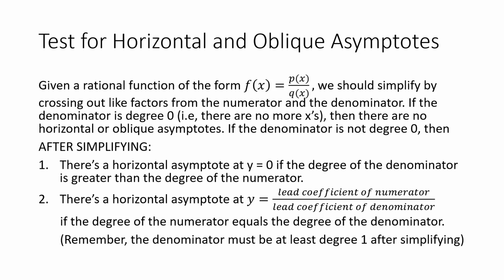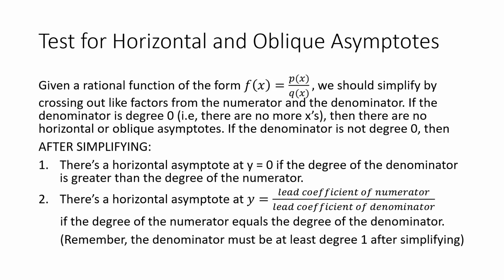But if the denominator is not degree 0, again, after simplifying, then there will be a horizontal asymptote at y equals 0 if the degree of the denominator is greater than the degree of the numerator. There will be a horizontal asymptote at y equals lead coefficient of numerator over lead coefficient of denominator if the degree of the numerator equals the degree of the denominator. And again, remember, the denominator must be at least degree 1 after simplifying.